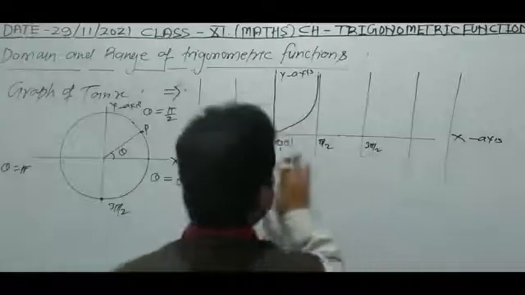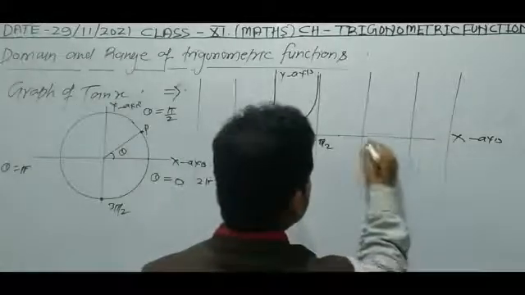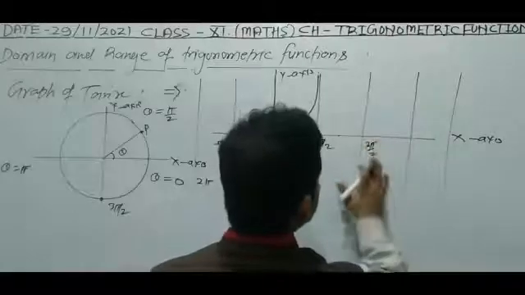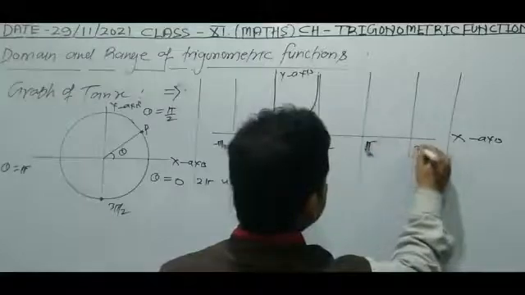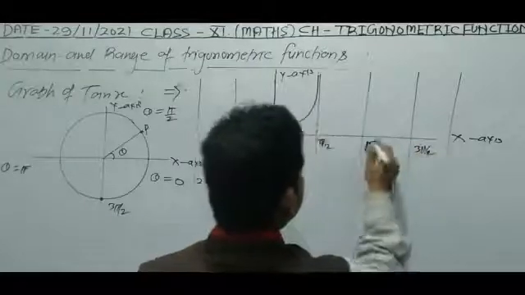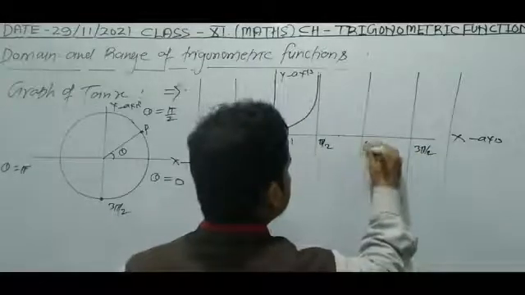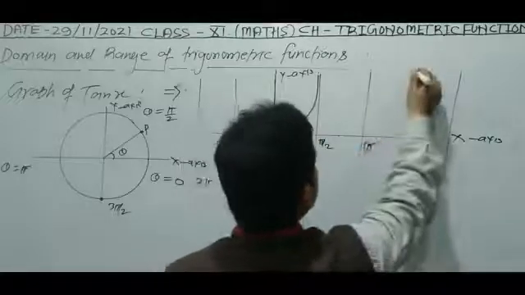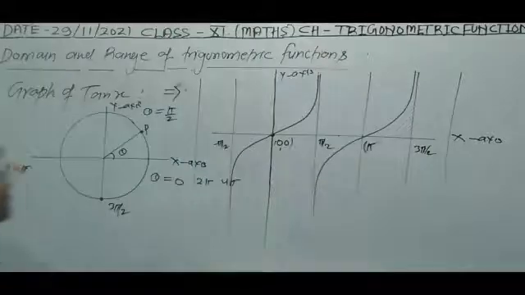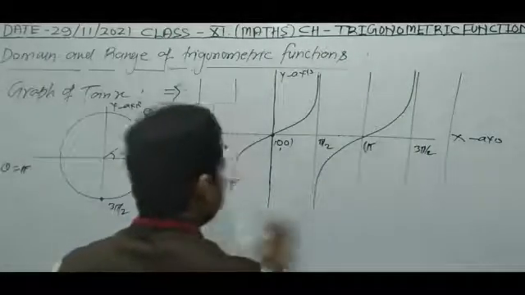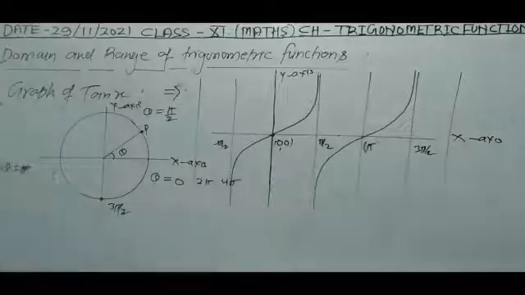So this is 0, this is pi by 2, this is 2 pi by 2 considered, so 2 pi by 2 means pi, and this is 3 pi by 2. Now at theta equal to pi, the result is 0. So this is the shape, or graph, of tan x.